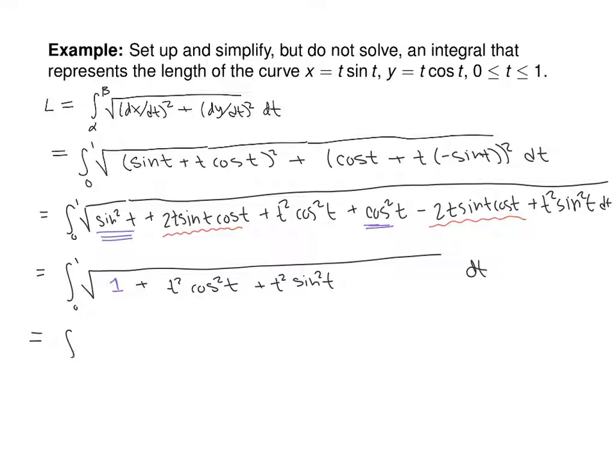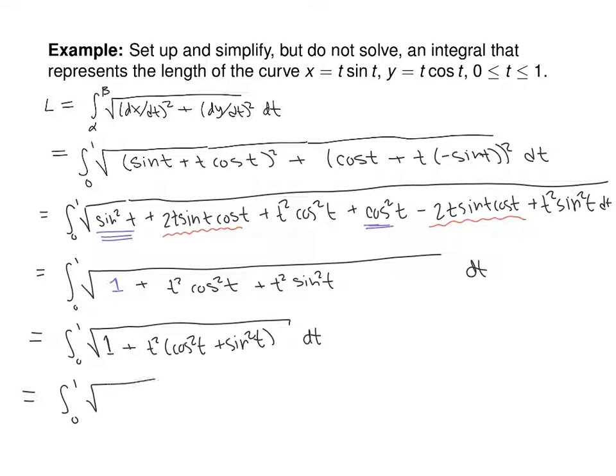And how it works is you can factor out the t squared from that little group. And then you see that cosine squared t plus sine squared t is also 1. So this integral simplifies quite a bit to the integral from 0 to 1 root 1 plus t squared dt.